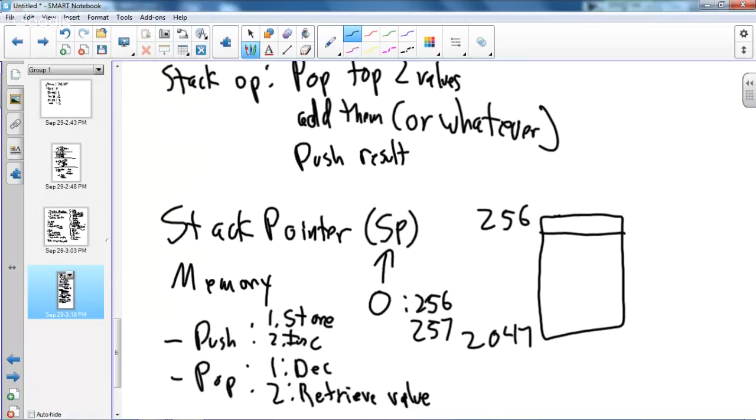Almost goes without saying, you better get these down cold or your virtual machine is sunk. You need to have pretty reliable pushing and popping code that you're generating in your assembly language. It's not really hard to do this. You get the value at 0 into the address register, and then you just go to town on memory.